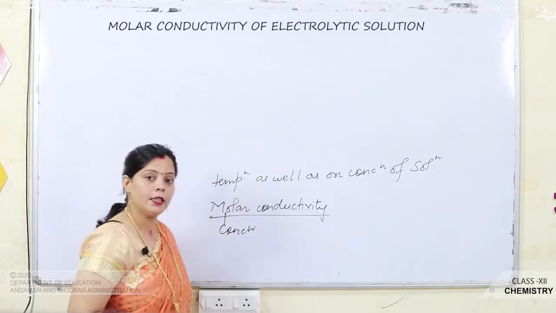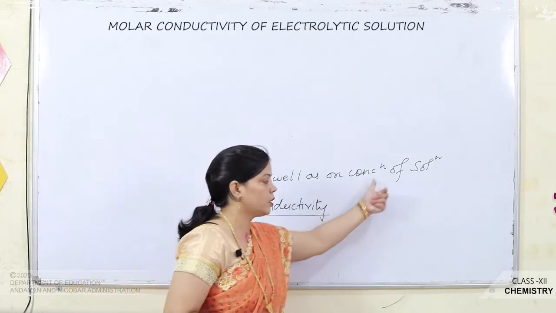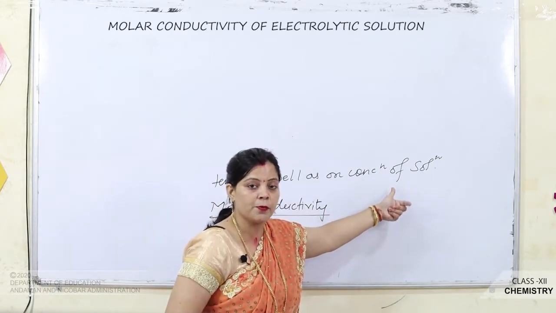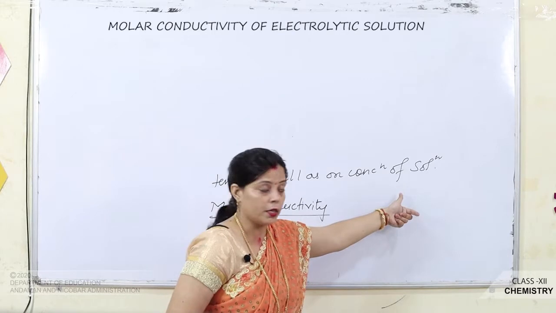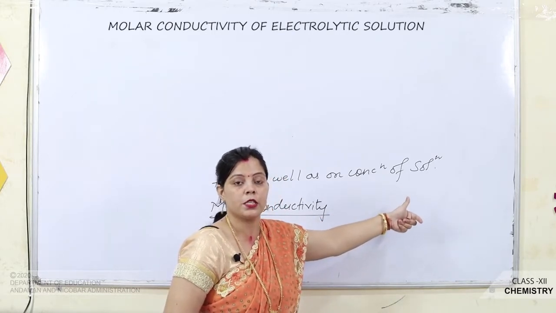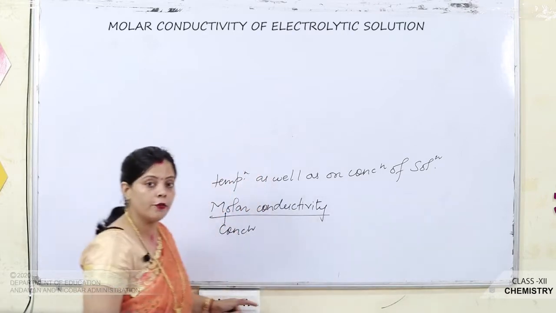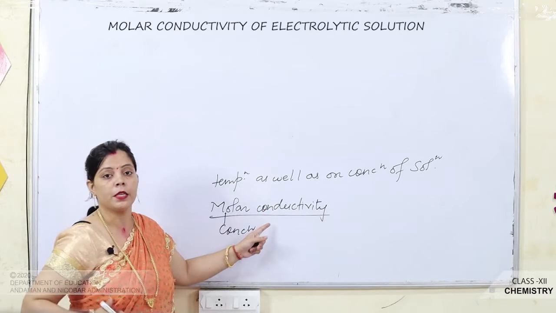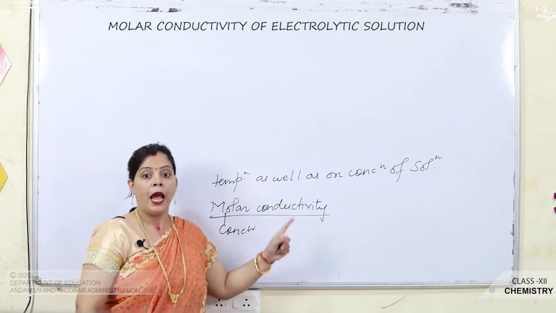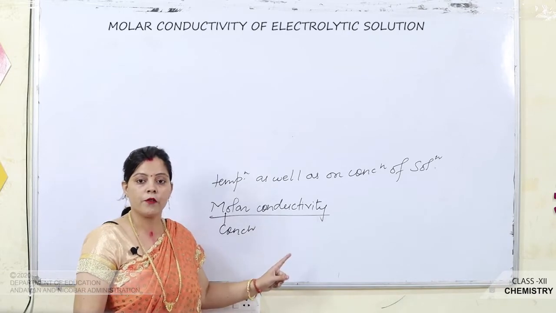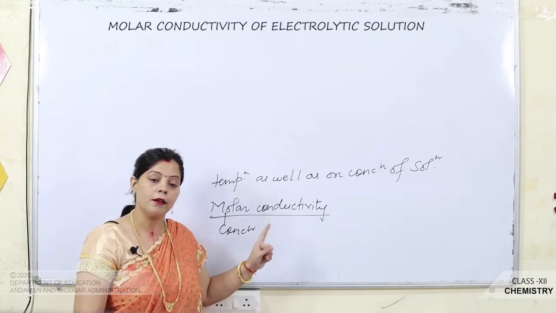Since the conductivity in the case of electrolytic solution depends on the concentration of the solution, which relates to the presence of ions in 1 centimeter cube volume of the solution, the more appropriate term is the molar conductivity, and that takes into account the concentration of the solution as well as the conductivity.